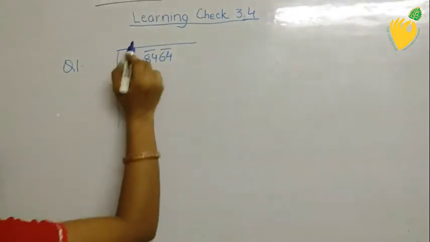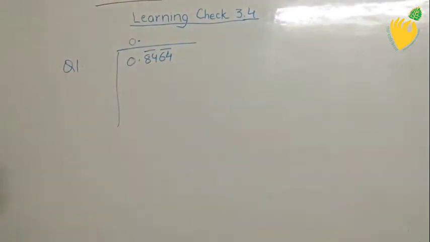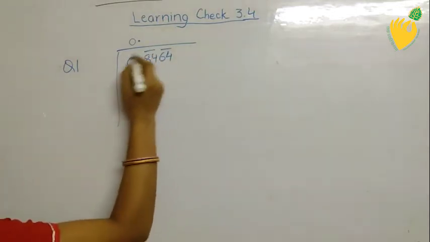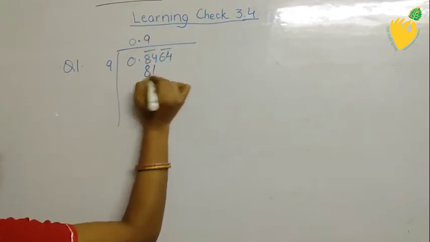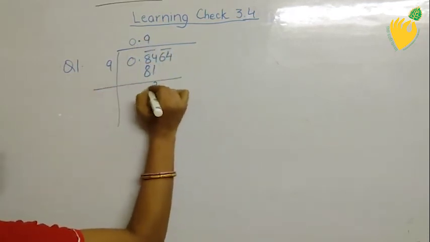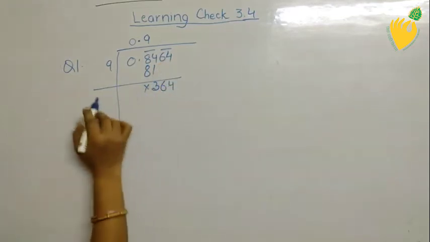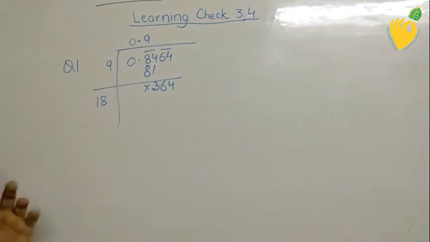Before the decimal, no number is there, so you will first write a decimal here and then you will start the same process. That is 7 7 is 49, 8 8 is 64, 9 9 is 81. It will go 9 9 is 81. What is left here? 3. You will again note down the whole pair, that is 64, and 9 2s are 18. How many times will it go, students?